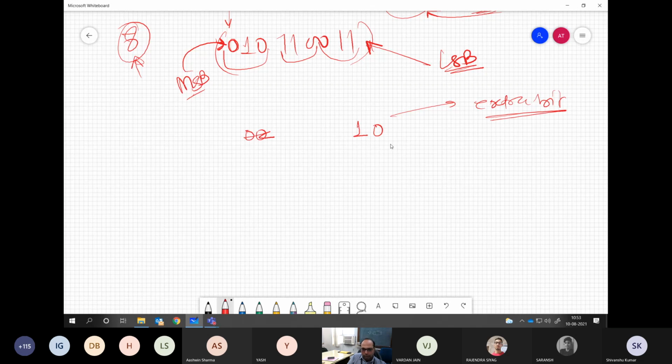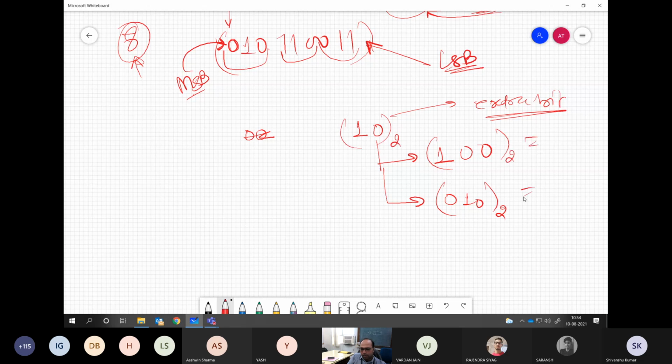Now if you go by 2 options, one adding like 100 and another adding like 010. These are the 2 options, right? Yes or no? Yes, sir. Do you see the difference in the values it has made?